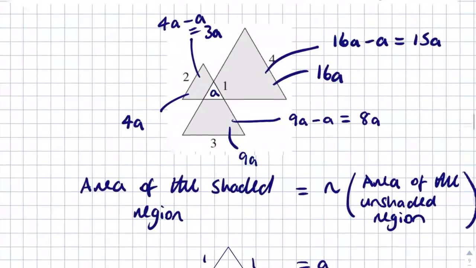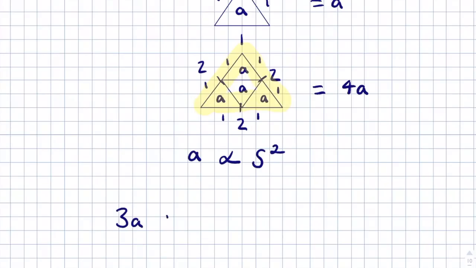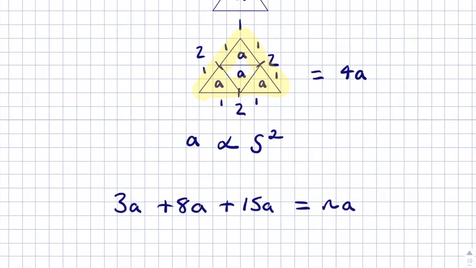Now I can use the formula I wrote at the start: the total area of the shaded region is equal to n times the area of the unshaded region. So my total shaded region is 3A plus 8A plus 15A, which is equal to n times the unshaded region, which has an area of A. Simplifying the left-hand side, 3A plus 8A plus 15A is 26A, and that's equal to nA.